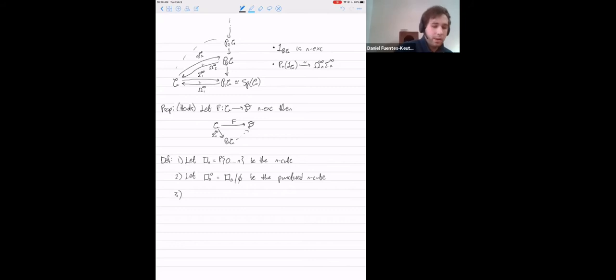When I talk about a cube or a punctured cube in an infinity category C, it's just a diagram, a cubical shaped diagram from either the cube or the punctured cube.